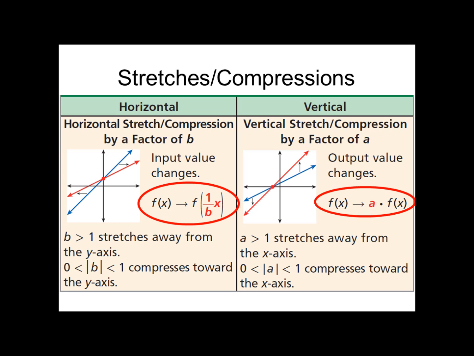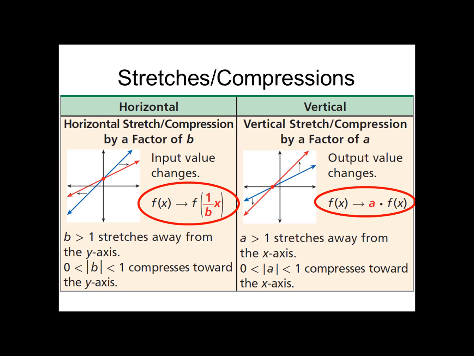A horizontal stretch or compression is an inside change. With a vertical stretch or compression, the x-intercept doesn't move. And the vertical stretch or compression is what I refer to as an outside change. Now, notice that horizontal stretches and compressions show up as division.